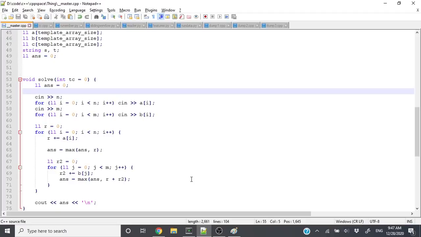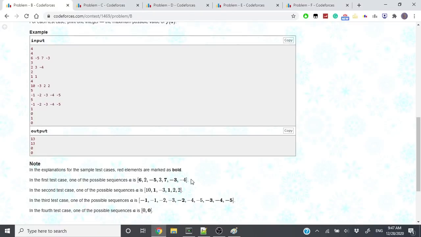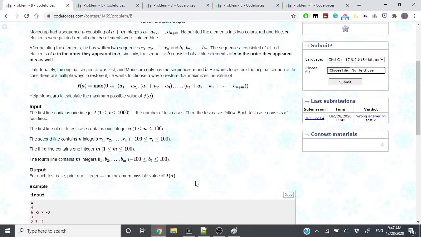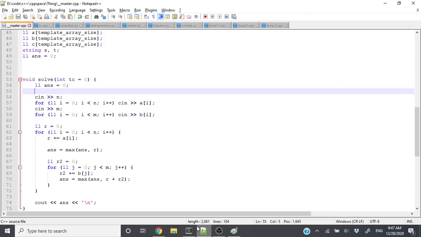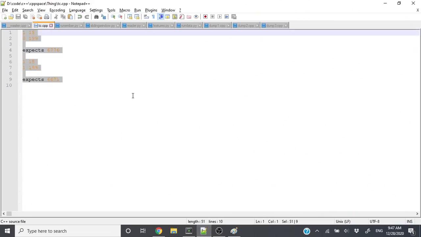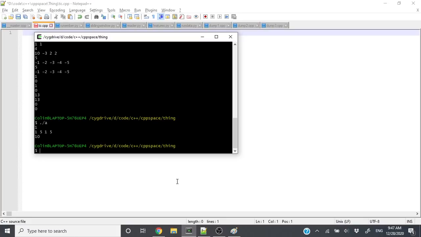Is there something between test cases? I'm not sure what I've done. I don't know what's going on.